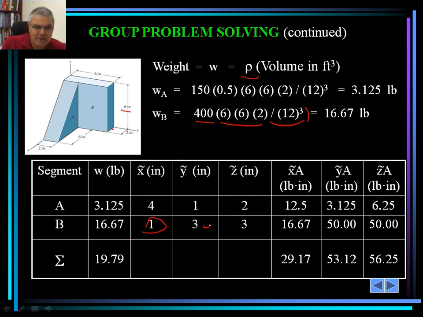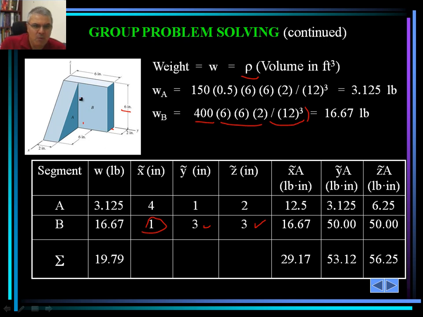And then the Z hat, in this case, this is 3. Again, using the same procedure. The X direction is into the page, and the Y direction is here. The second one that I just did was actually for the Y, not for the Z, but they are pretty similar. So in the Z direction, half of 3 inches.